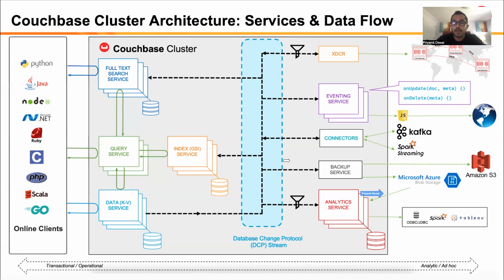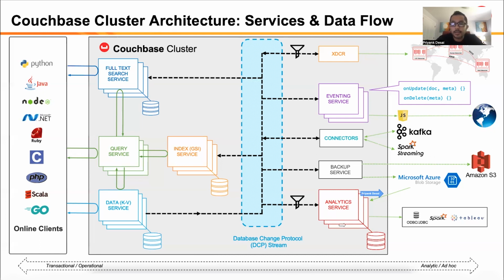So not only does it give you multi-dimensional scaling capability, allowing you to scale the cluster horizontally, but it can also isolate the workload. As you can see here on the left hand side, all your key value operations and queries can be available to support your transactional or operational workload.